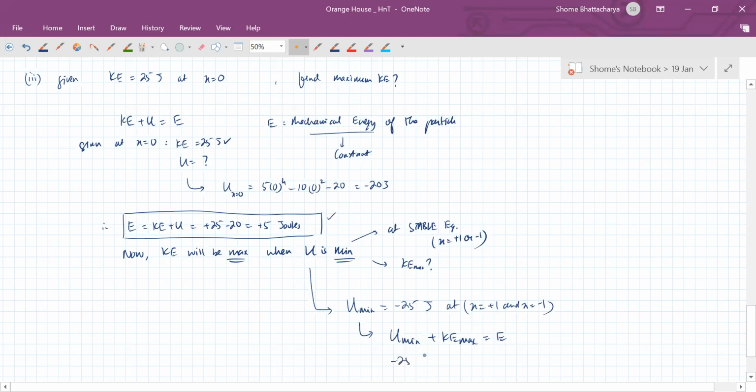So minus 25 plus KE is equal to 5. So maximum kinetic energy will be equal to 30 joules. And this will be the kinetic energy when x is equal to plus 1 or x is equal to minus 1 meters at these two positions.